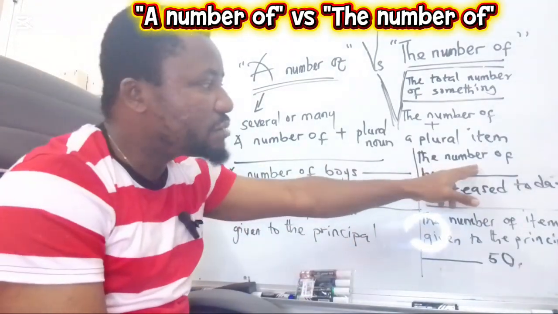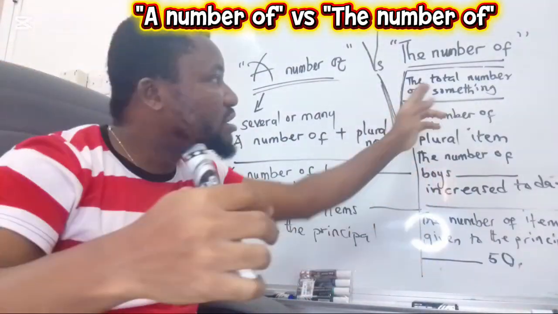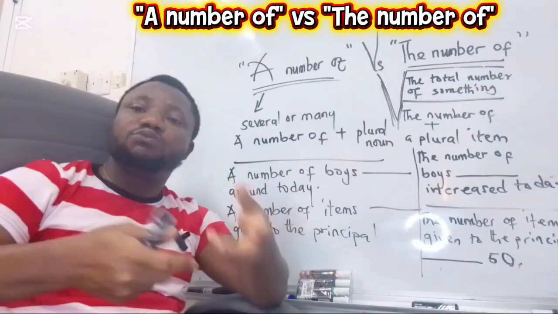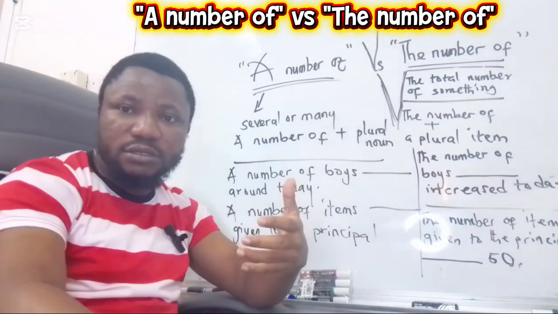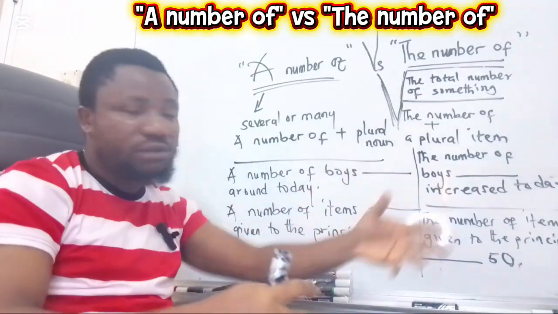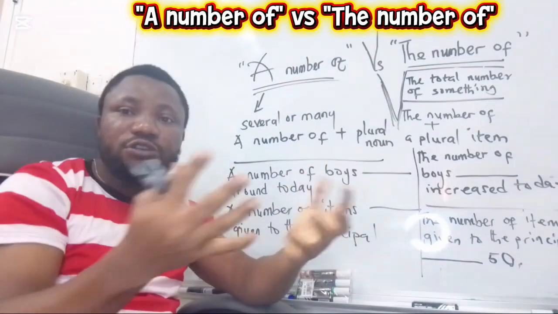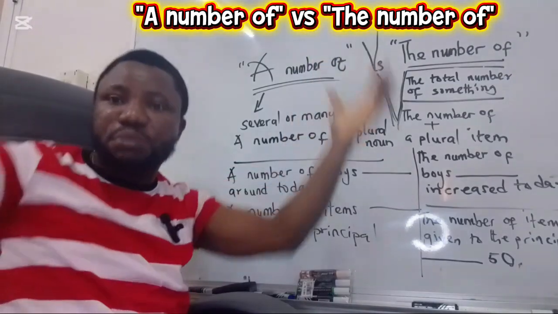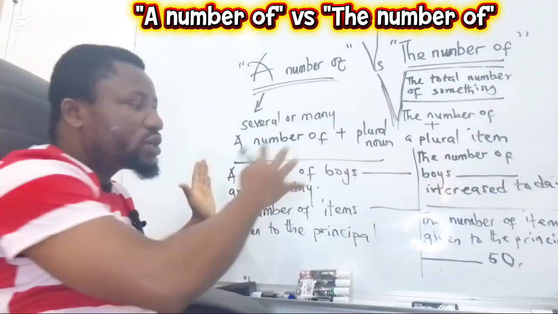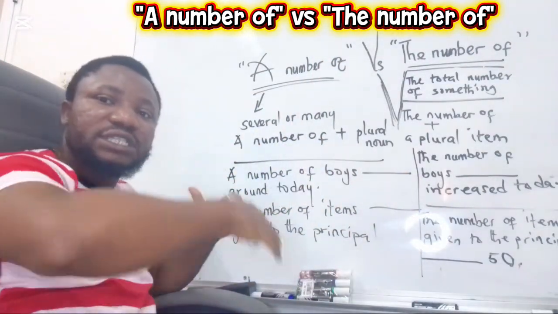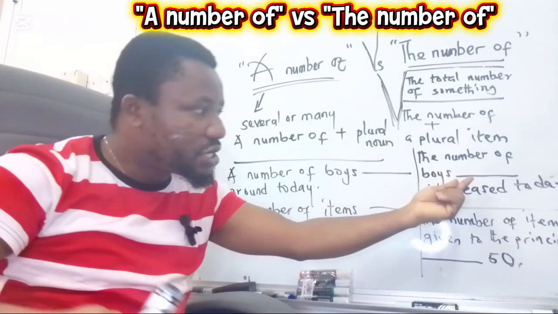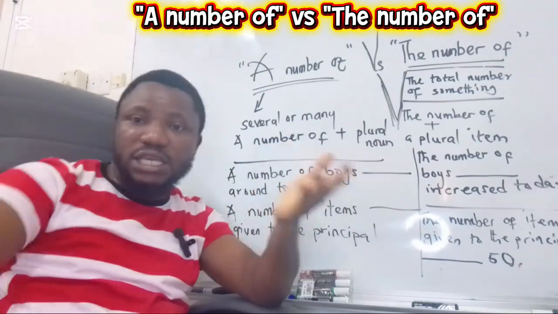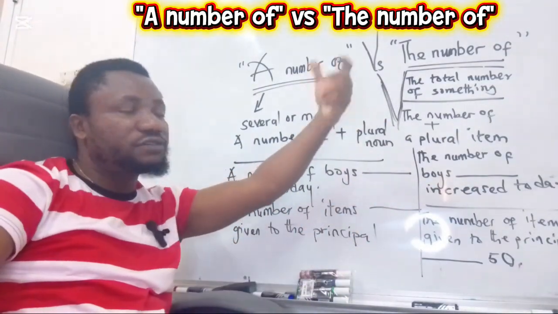Whereas "the number of" will attract a singular verb. And that's because this structure is referring to the total number of something, just the figure, and not the people themselves. Here, we're talking about the people, several people, many people. But here, you're talking about the number of people.